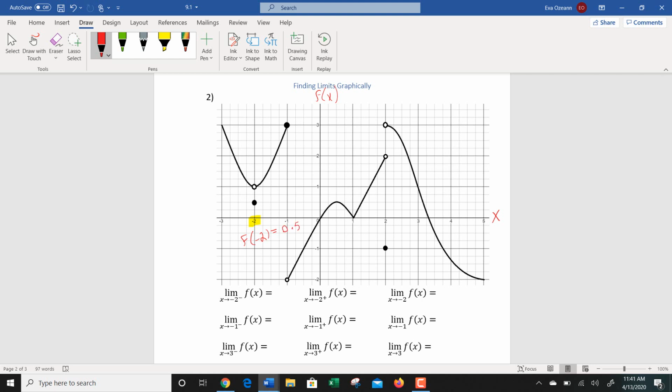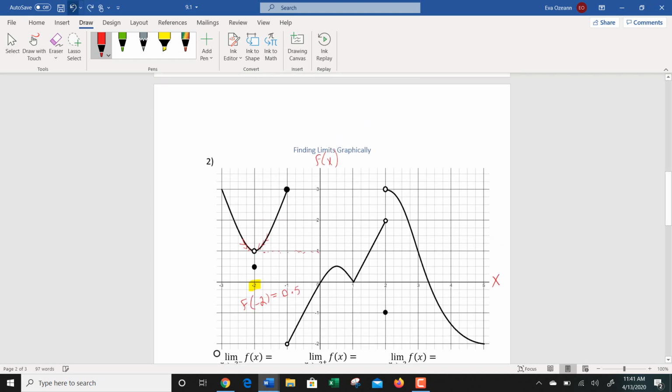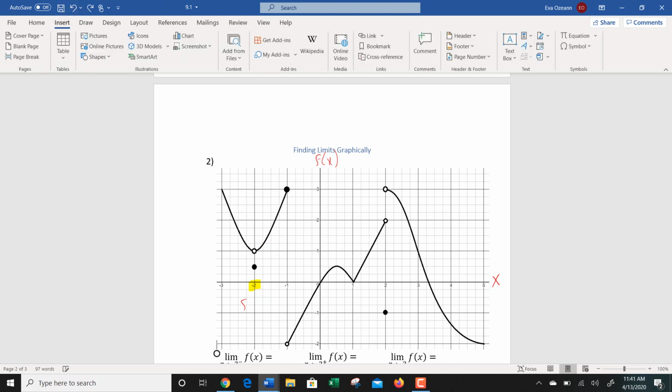However, if I'm looking at the limit, as I get closer and closer, without actually plugging in -2, what I can see is that the limit looks like it's approaching 1. So let's just go ahead and keep that in mind while we are working through these. It's not necessarily where the function is defined that we're interested in. We're more interested in what it looks like the y value is approaching.